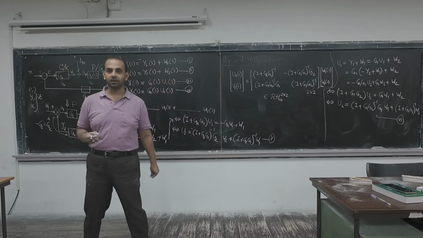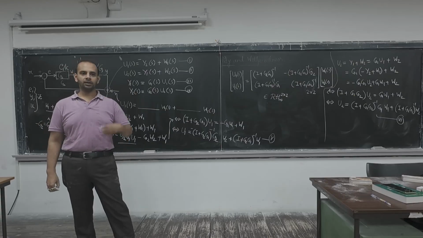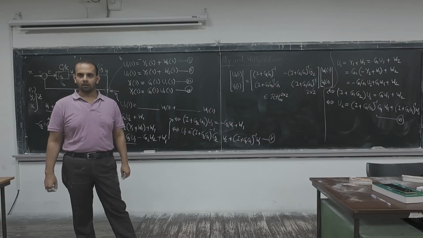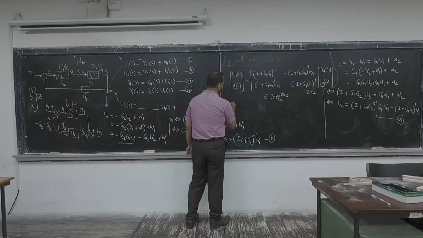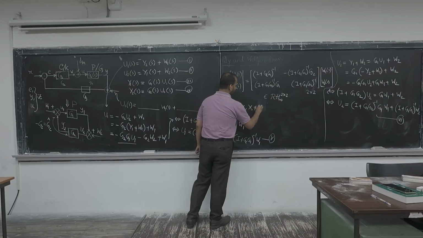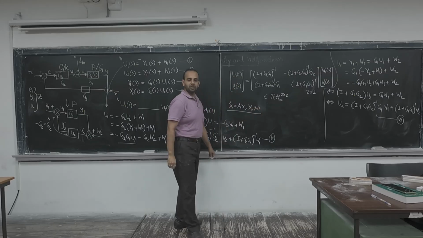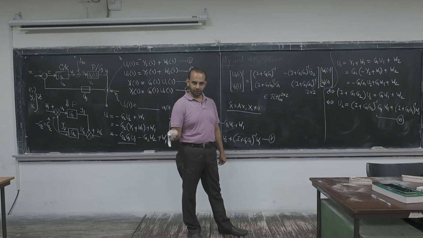Similar to asymptotic stability. If somebody asks you what is asymptotic stability, what generally we say? For a dynamic system, like if you have x dot equals to Ax, with x0 not equal to 0, then asymptotic stability means whether x goes to the origin as t tends to infinity, right?